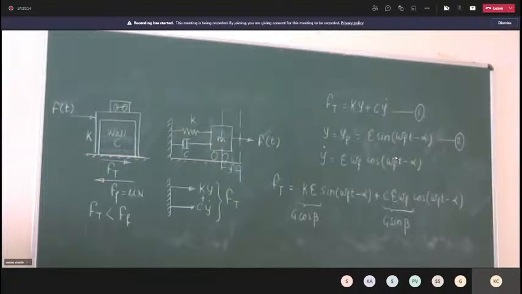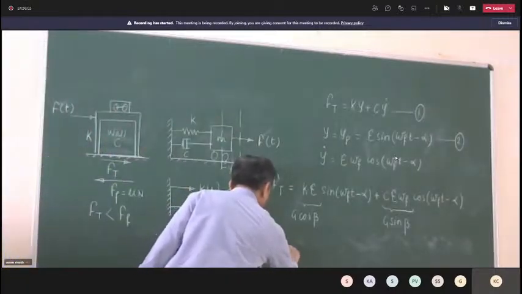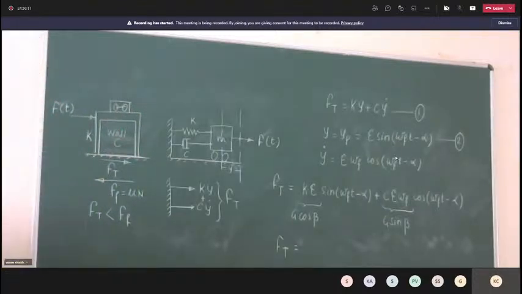And now substitute and see what you get. Force transmitted to foundation: G cos beta sin omega f t minus alpha plus G sin beta cos omega f t minus alpha. And now see whether you can write it as sin A plus B. You may take G common.